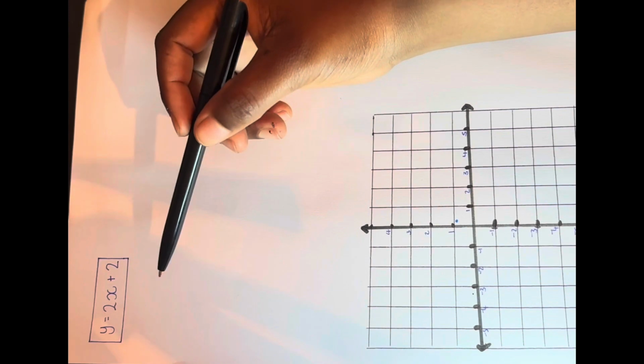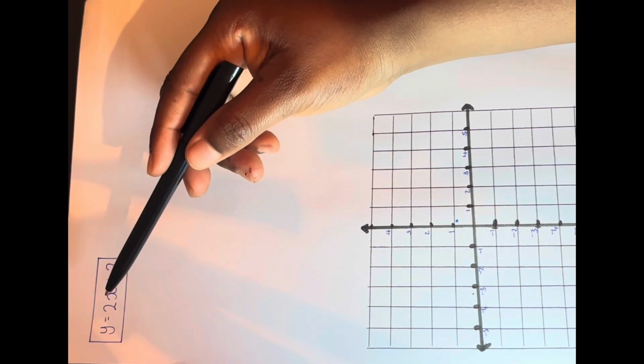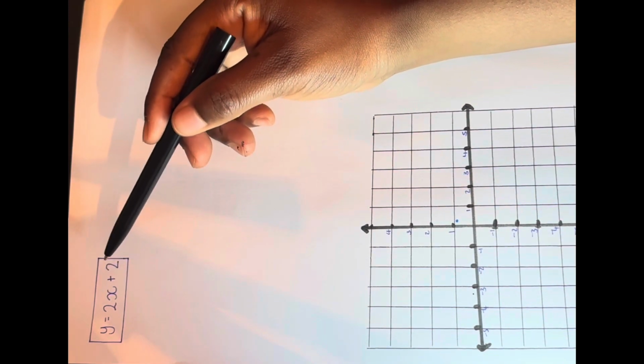The next way to plot your graph on the Cartesian plane is to calculate your y-intercept and your x-intercept. Let's look at an example. We still have the same formula, y equals 2x plus 2. But in this case, we want our y-intercept and our x-intercept.